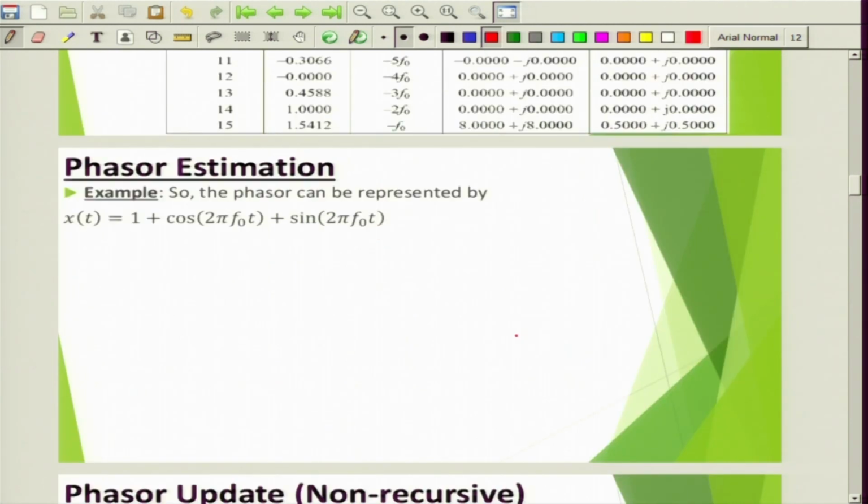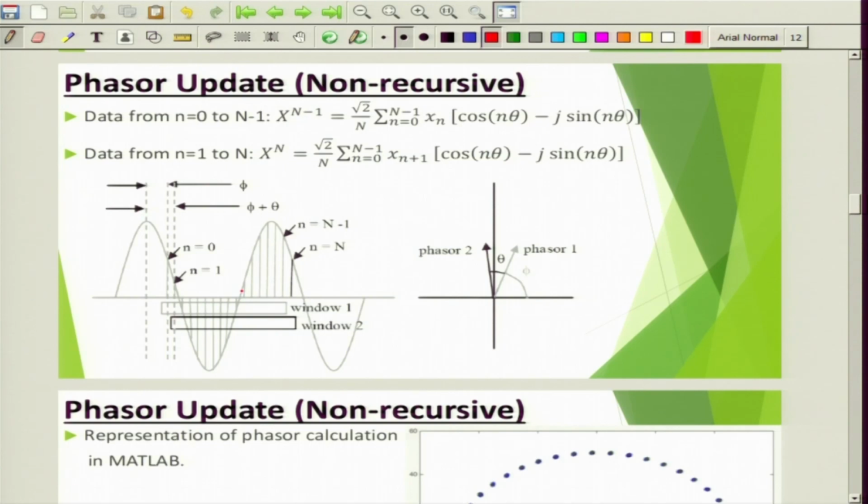So if you want to represent this signal, it consists of a DC of magnitude 1, and a fundamental frequency component cos omega naught t, sin omega naught t, there is no other harmonic. So there are two means of obtaining phasor measurements, one is the non-recursive approach and there is a recursive approach as well.